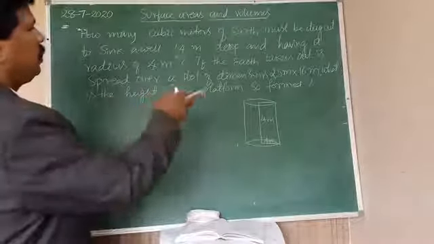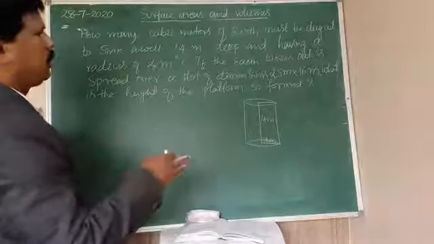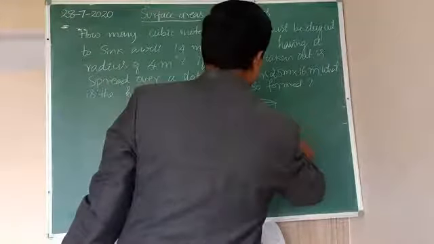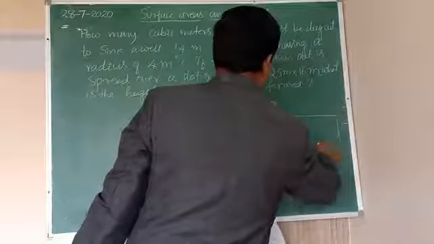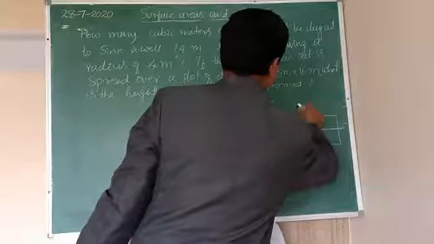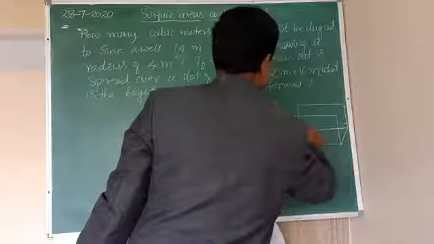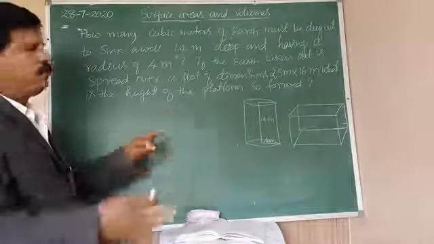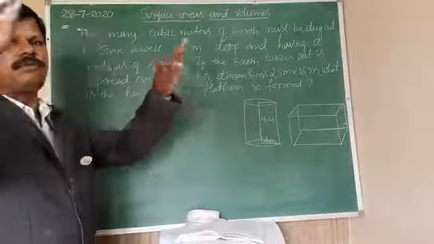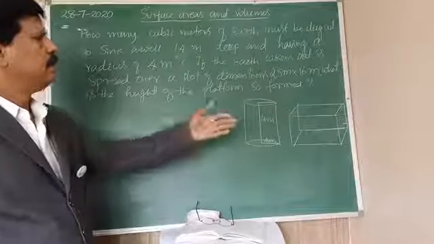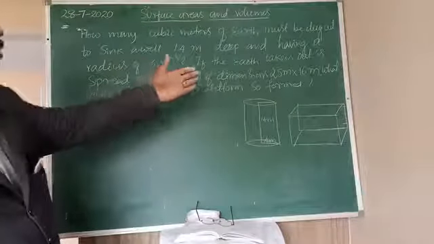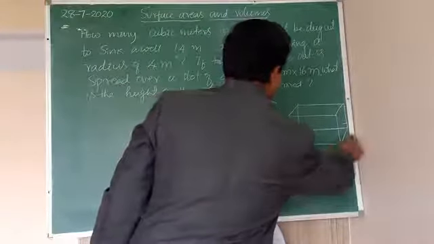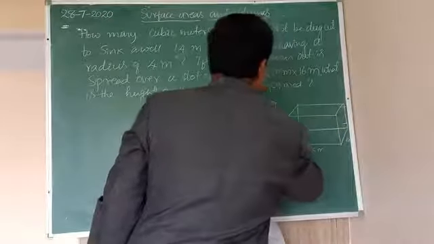The sand taken out should be spread into a platform like this. Whatever earth we take out from this is spread to form a platform. Its dimensions are given: 25 meter into 16 meter. Then we should find out h.